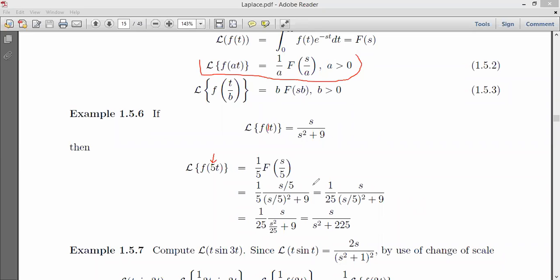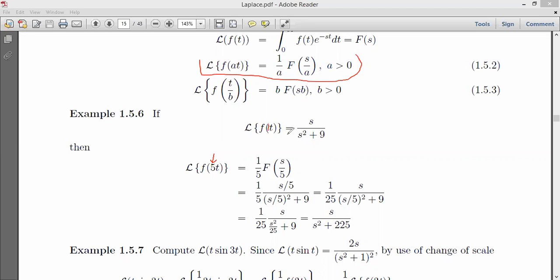So what is this change of scale? Remember, I already have F of s. Since I already know that this is s over s squared plus 9, my L of f of 5t means it is 1 over 5 f of s over 5.